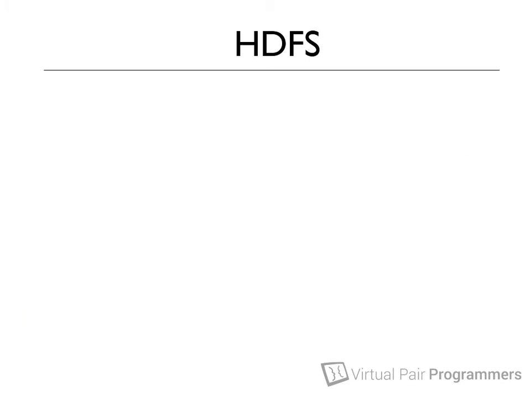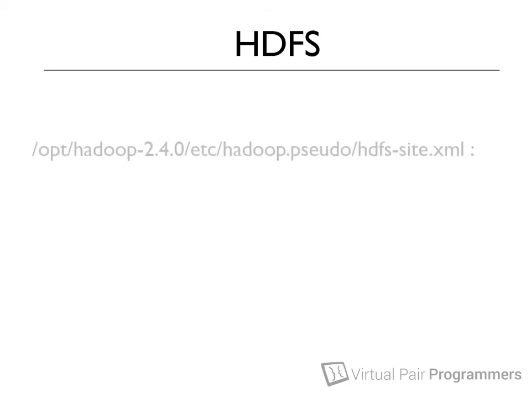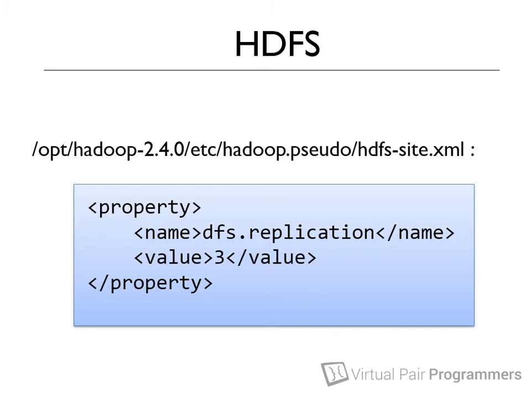We can set the level of replication, that is how many nodes each block will exist on, in one of the configuration files. By default, the replication level is set to 1. That's fine in our setup because we only have one node. But if we wanted to set it to 2 or 3, we could add some code like this to the hdfs-site.xml file.